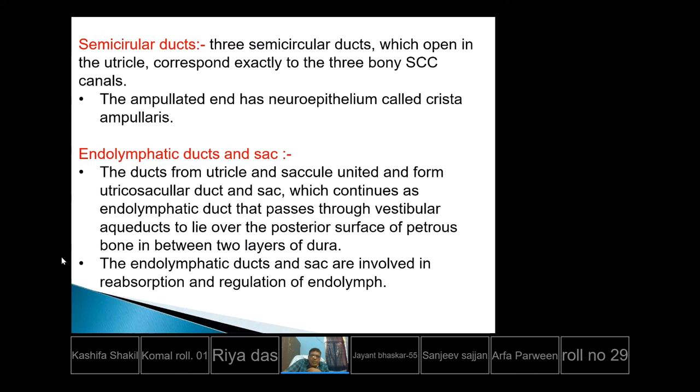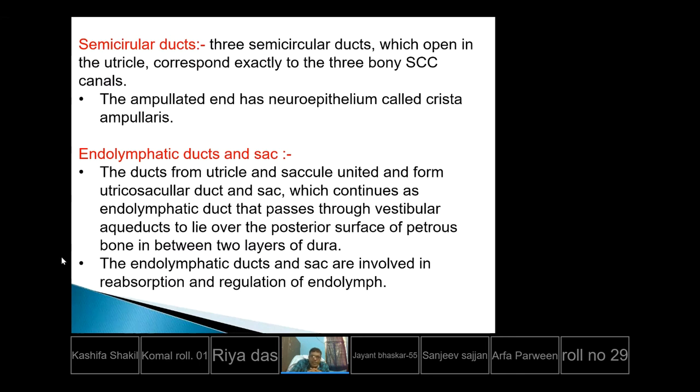Okay. Now the endolymphatic duct and sac. The ducts from the utricle and saccule unite and form the utriculosaccular duct and sac, which continues as the endolymphatic duct that passes through the vestibular aqueduct to lie over the posterior surface of the petrous bone in between two layers of dura.